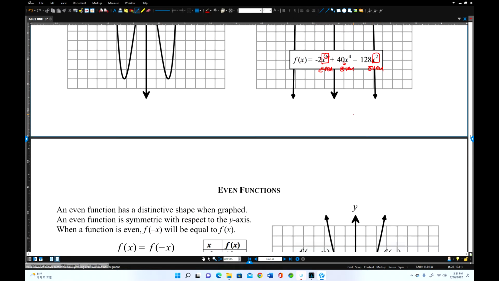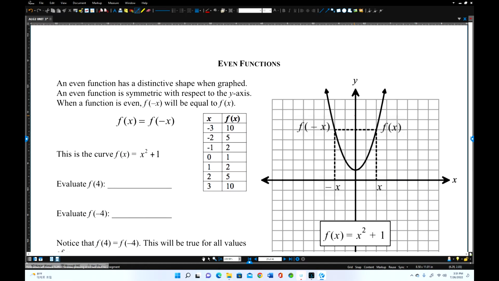Okay, that's all. If this is true, as we did already, f of x equals f of negative x. X to the right, negative x to the left, same distance. At these two points, they have the same height. This one is exactly equal to this one.